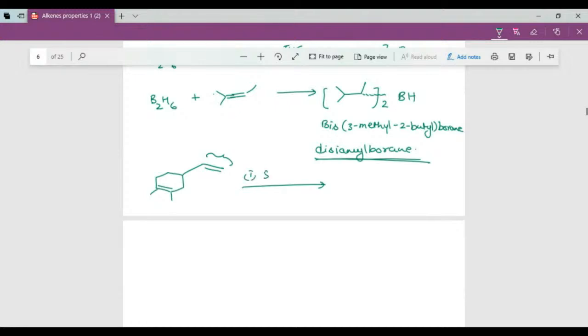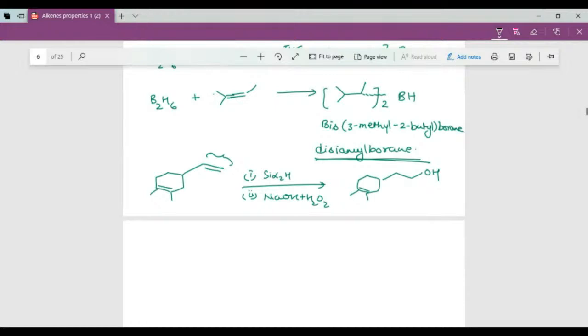If I write here Sia2BH and then I write NaOH plus H2O2, then as it is already sterically so crowded, it will avoid attack on sterically crowded sites and will selectively attack non-crowded places. So we can use such reagents for our desired selectivity wherever we need this type of preferential attack at one bond and leave the other bond as such. Okay, then we can use this particular reagent.